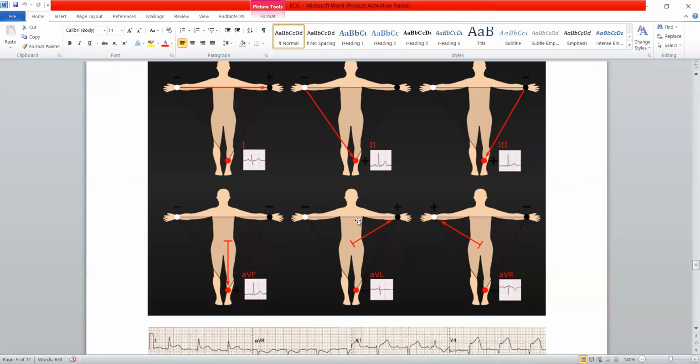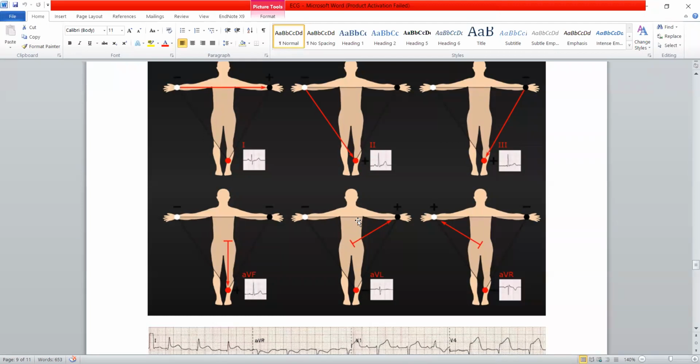Now can anyone tell me what the 4 lateral leads are? Which have their positive terminal, or which look at the heart from the lateral surface? V5 and V6 from the chest leads.